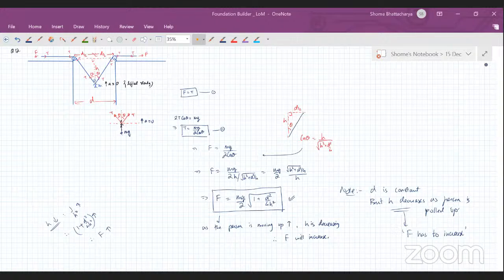This quantity mg by 2. Okay. Just solve it a little bit further. You will get the answer. Everything I should not have to spoon feed you here.